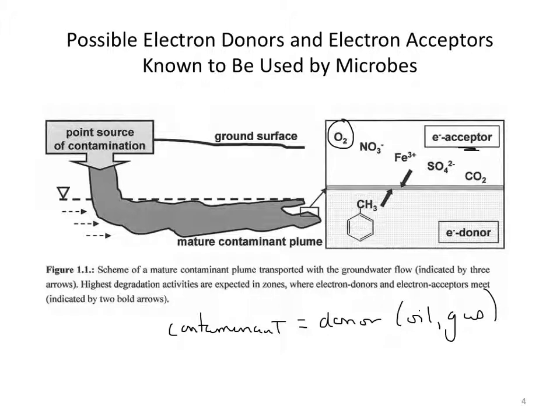Notice its position at the bottom of the tower on the previous slide. The next electron acceptor utilized is nitrate, then ferric iron, then sulfate, and finally CO2 under certain conditions. We'll see the microbial communities shift as they burn through electron acceptors in their efforts to consume the donors that have been spilled into their environment.